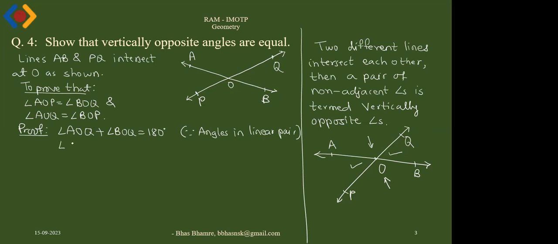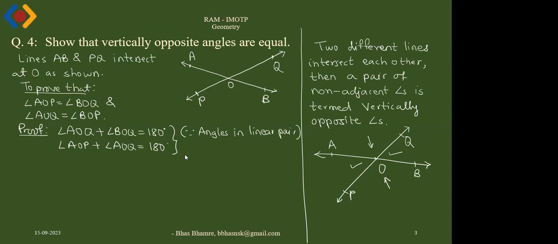Also, we have angle AOP plus angle AOQ as linear pair. So both have the same reason, so I make a common bracket for them. It saves our time. Actually, there are more linear pairs, like AOQ, BOQ and AOQ, BOP, and also AOP and BOP, BOP and BOQ.